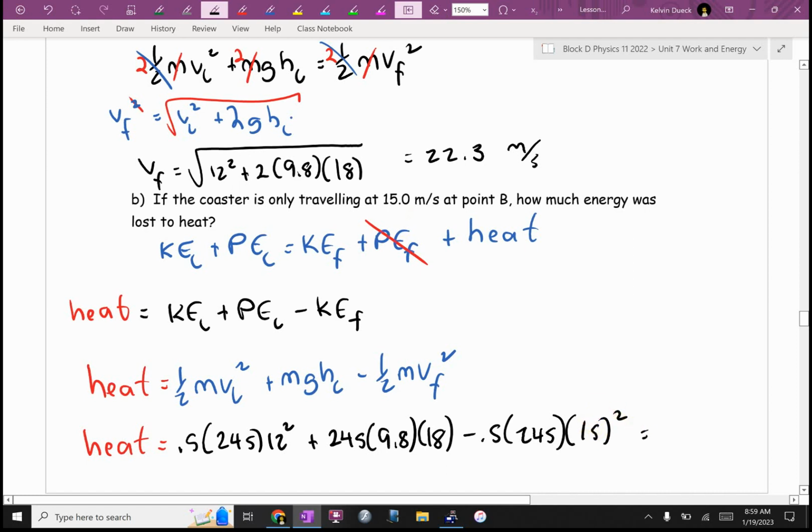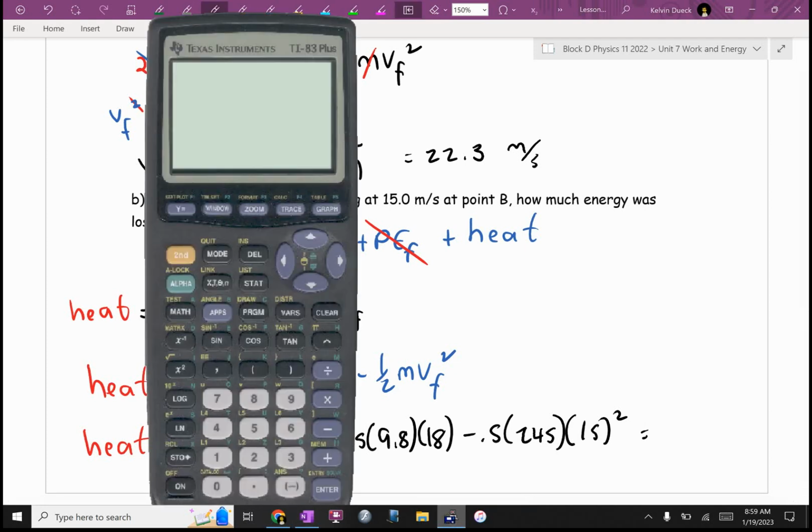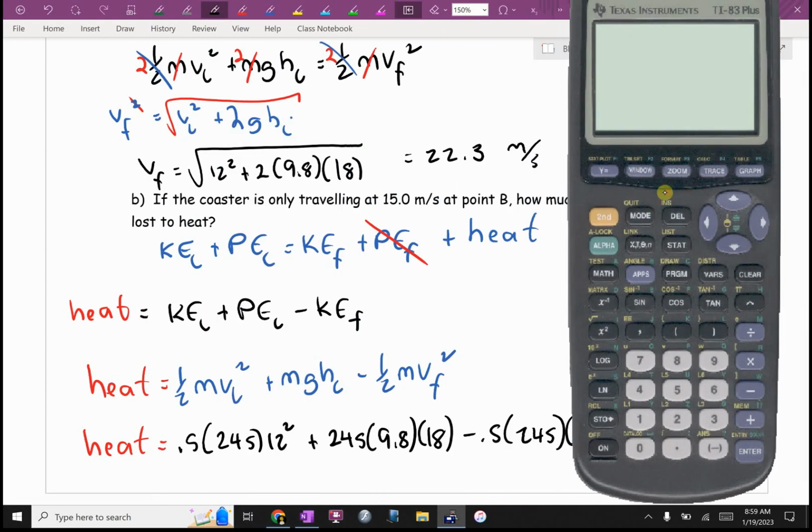How much energy did we lose to heat? You should, if you got a good calculator, and hopefully most of you do, be able to type this just in one line. 0.5 times 245 times 12 squared plus 245 times 9.8 times 18. Take away 0.5 times 245 times 15 squared.